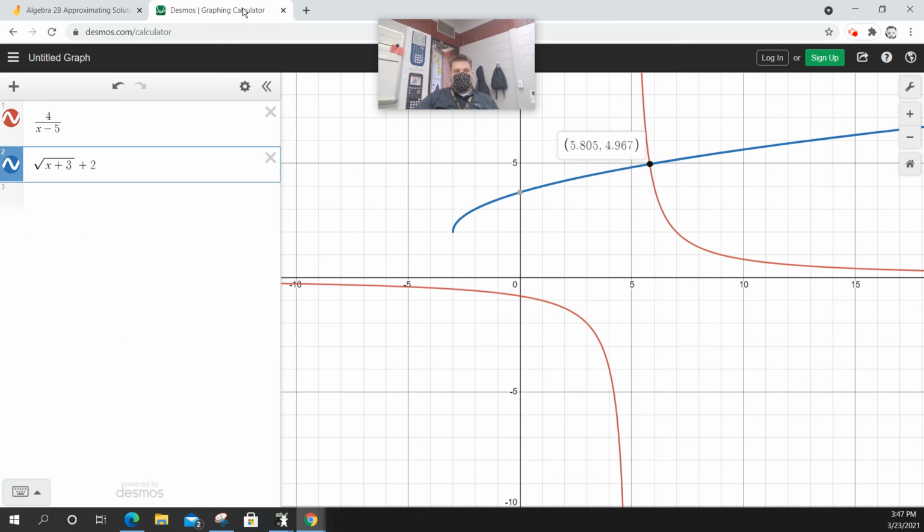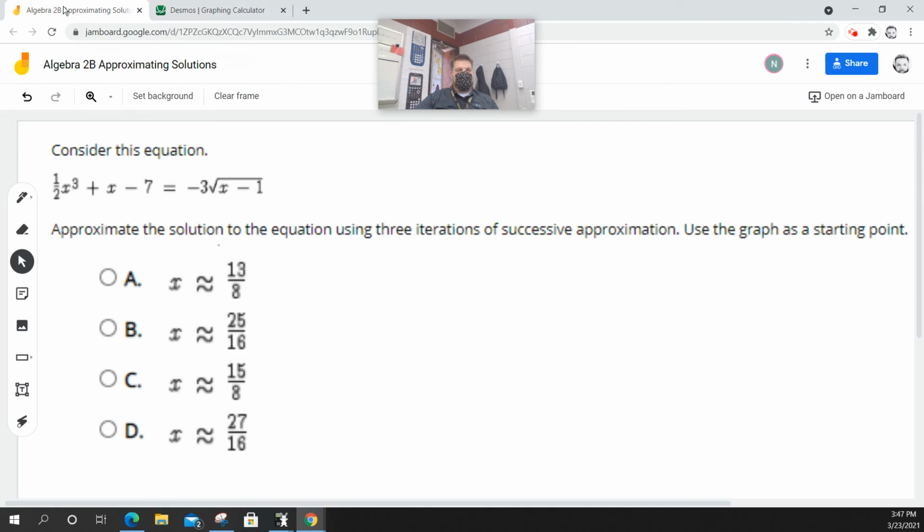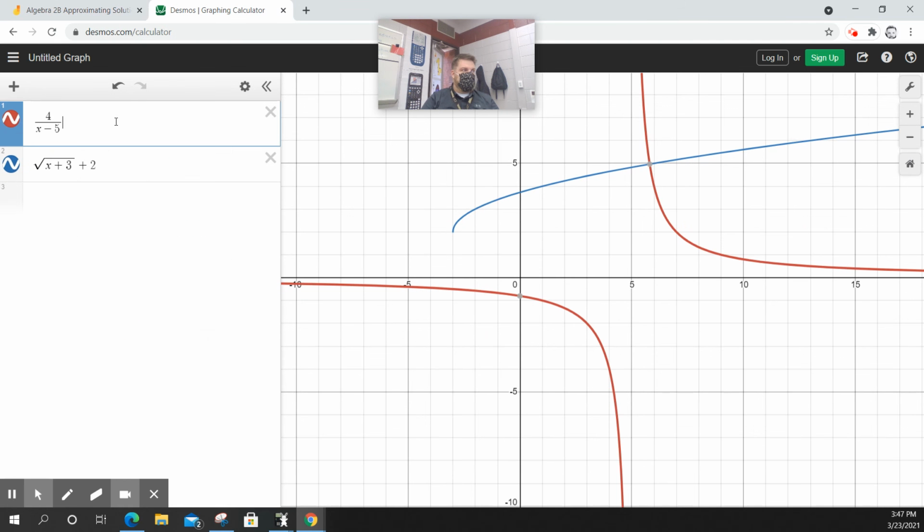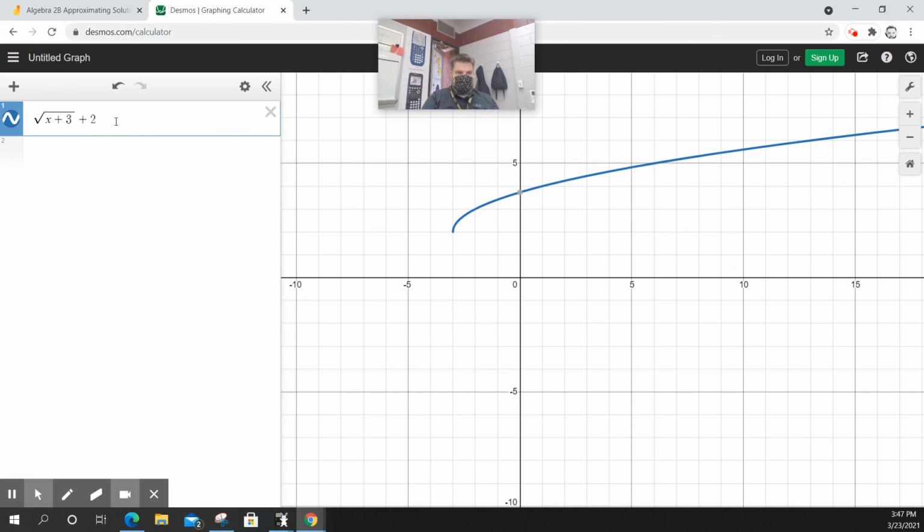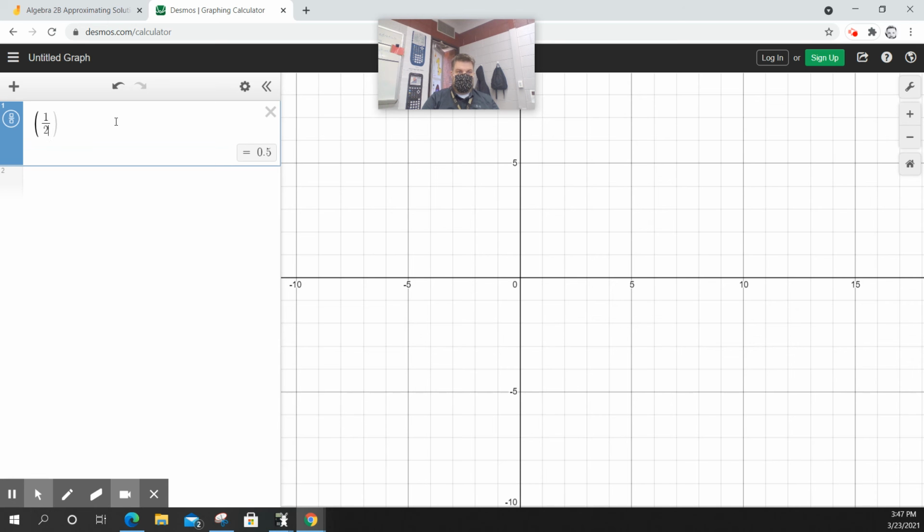I'm just going to graph it because I'm okay with just graphing it. So what I'm going to do is I'm just going to graph 1 divided by 2 times x raised to the 3rd power plus x minus 7.